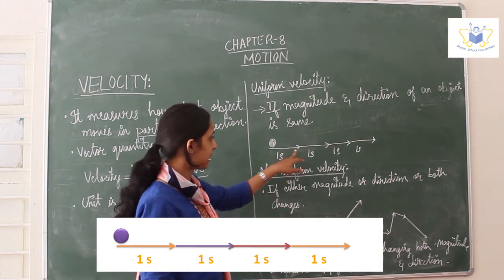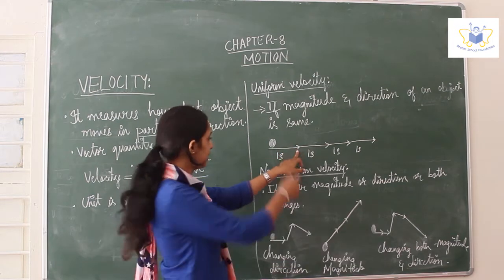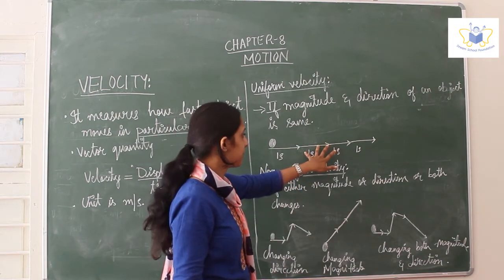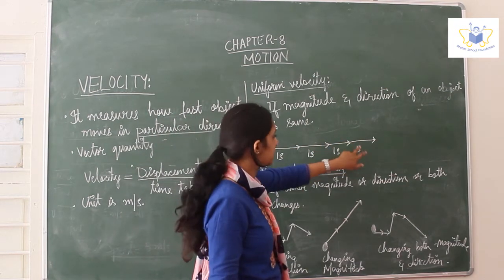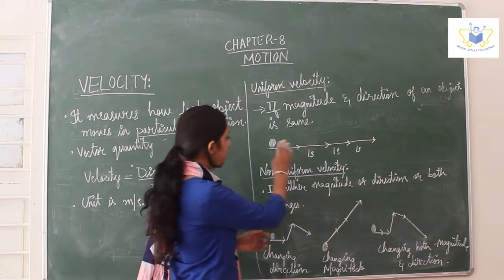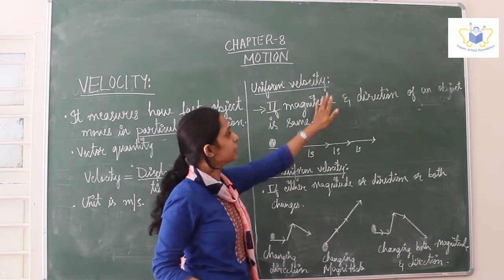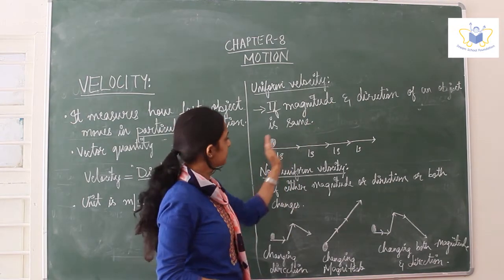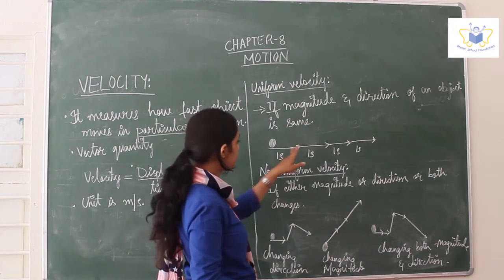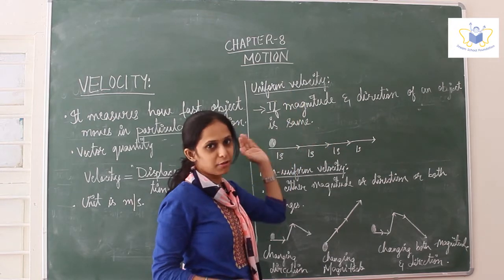In the first second, it travels some distance. In the next second, the same distance, and again the same distance. So the ball is covering the same distance in the same time interval. The direction is the same in a straight line, and the magnitude is also the same. So this is a uniform velocity.